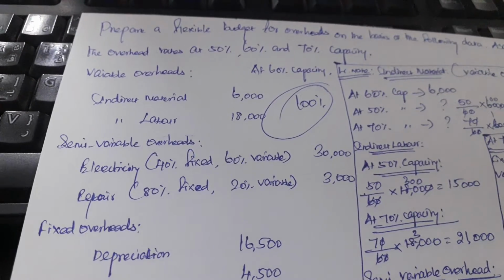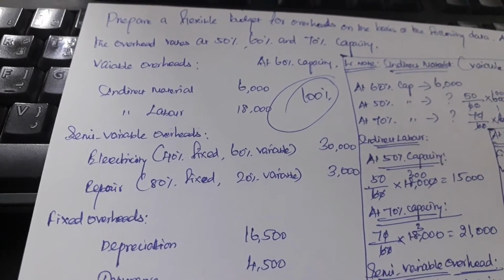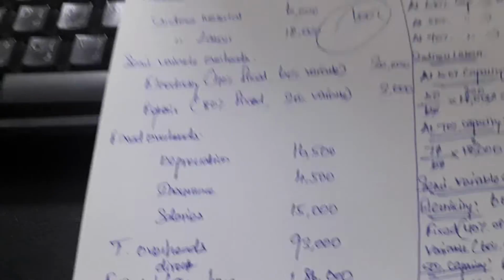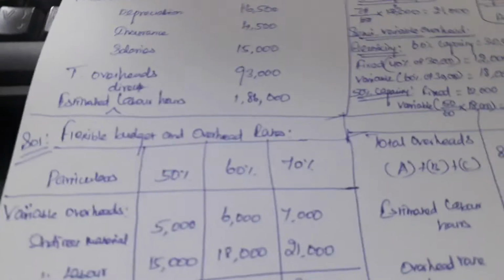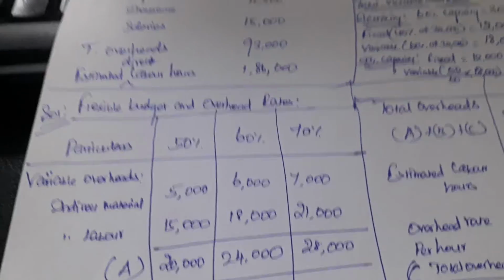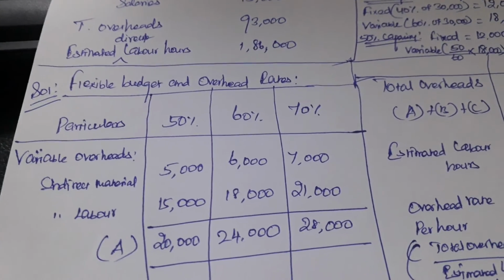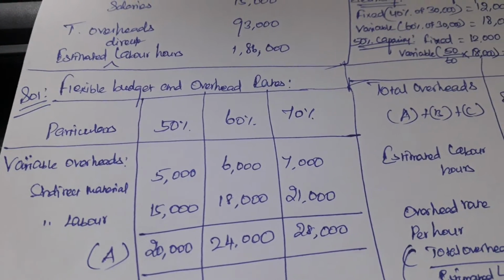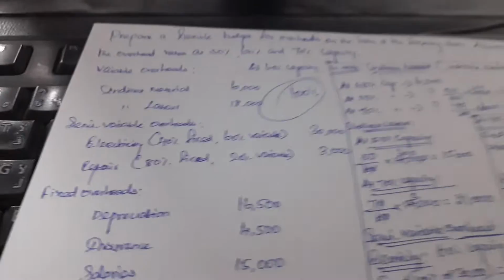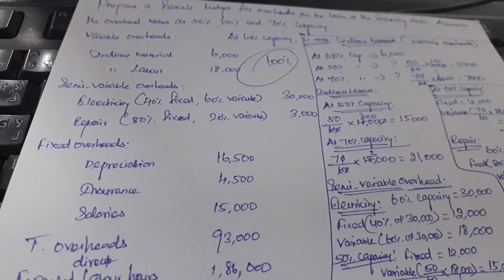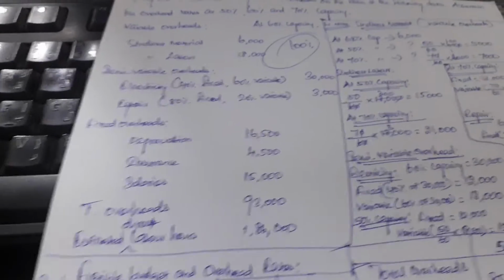So we have one problem through which we are going to look at how to prepare the flexible budget. The title would be flexible budget and overhead rates. The details are given in the problem for 60% capacity.